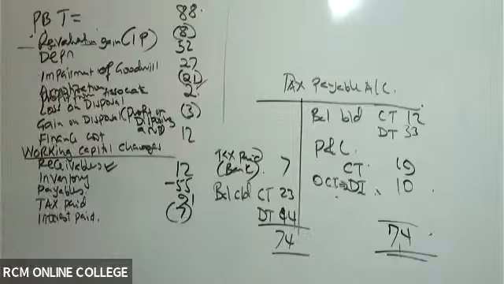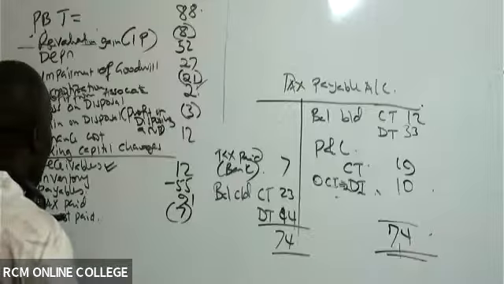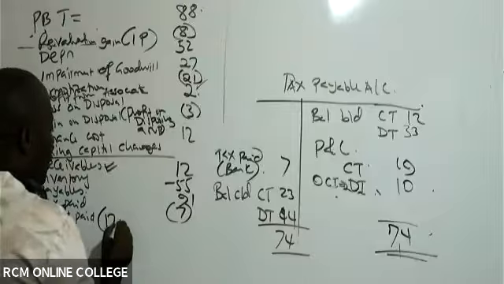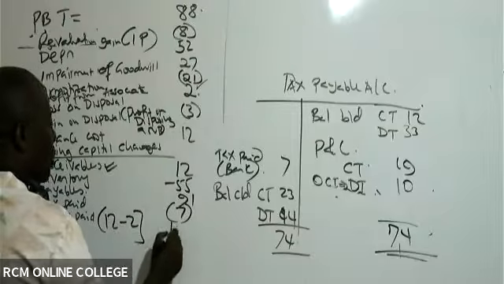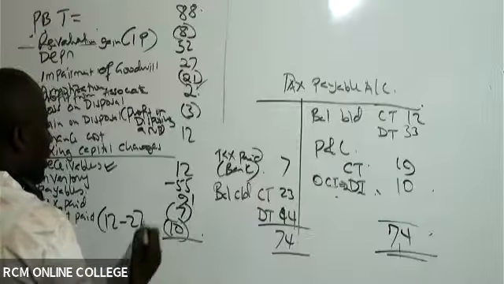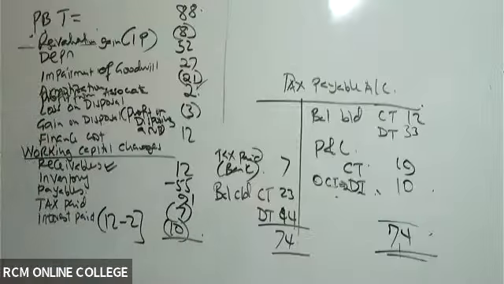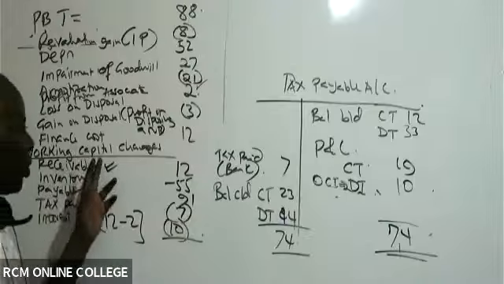Thank you very much. So for interest paid, we don't have an interest payable account in our current liabilities. So in this case, interest paid will be the 12, but remember there is also a misclassification of 2. Remember, interest paid is the finance cost.